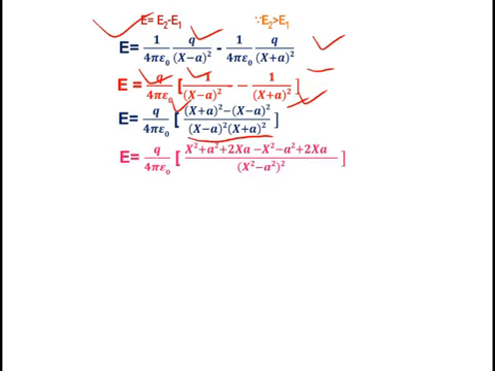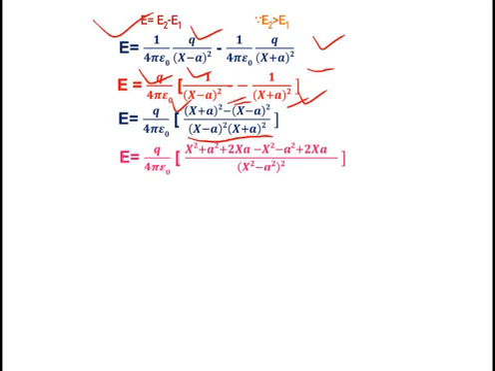Next step, E is equal to Q divided by 4 pi epsilon naught. Now open the bracket. This (x plus A) whole square is similar to (a plus b) whole square, so here we are assuming x plus A whole square, which gives x square plus A square plus 2xA.